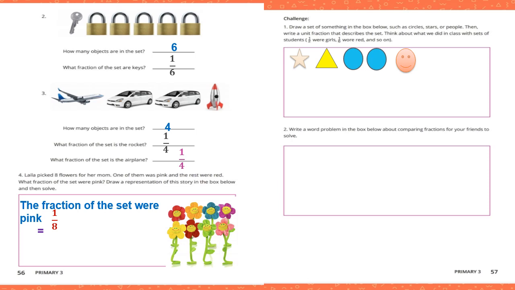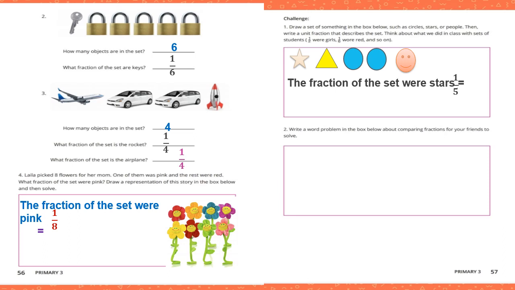We want to know what fraction of the set were stars. How many stars do we have? Just one. One out of 5. So it's 1 over 5.